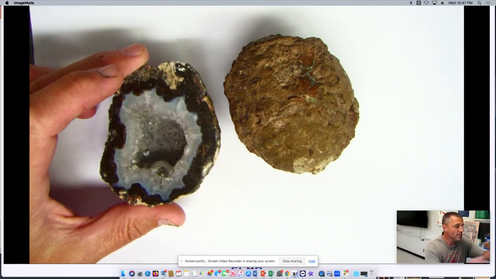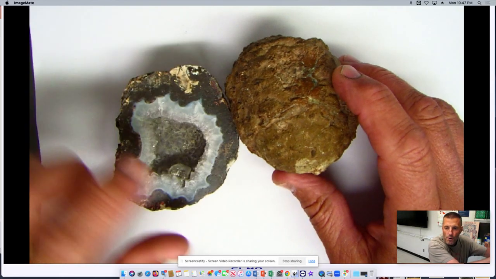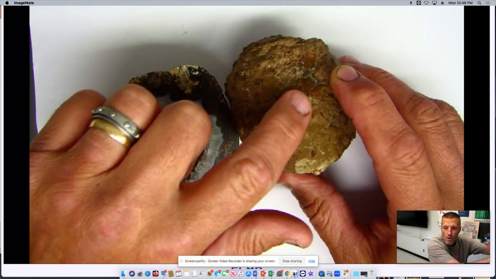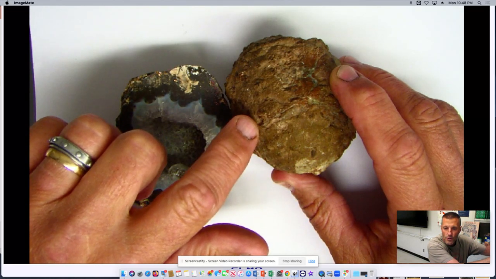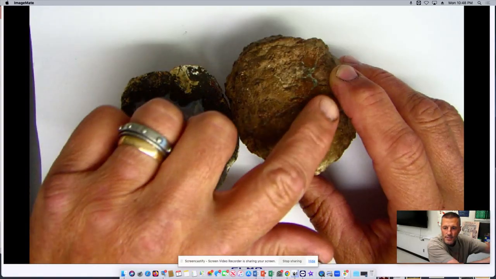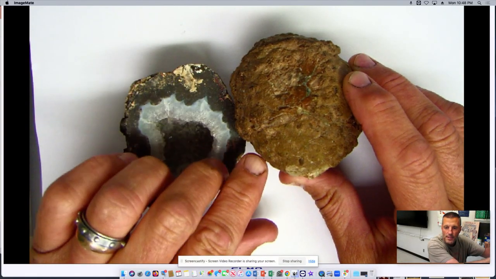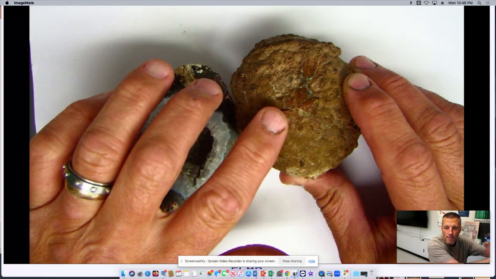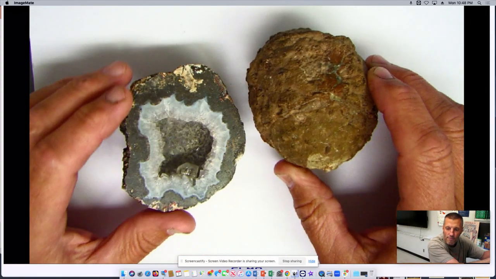Okay, and then there's an unbroken geode. So on this one, you can see lines where the precipitate, that's how well you can see it, but these veins along there show evidence that it would in fact be a geode.